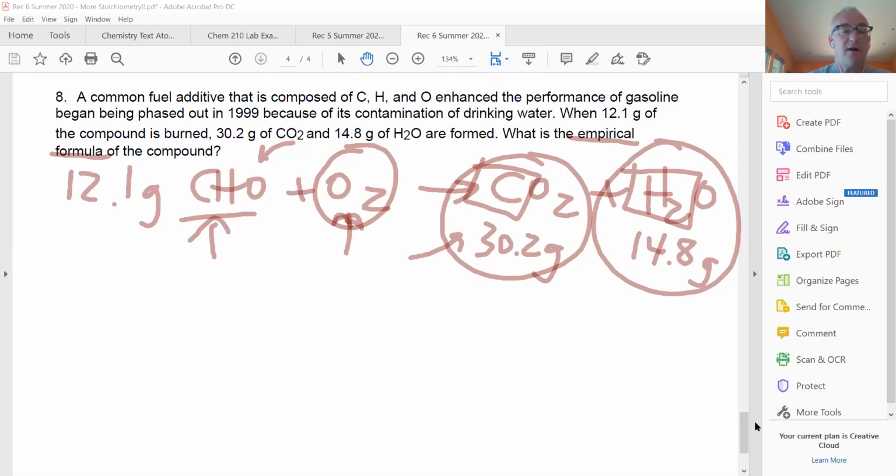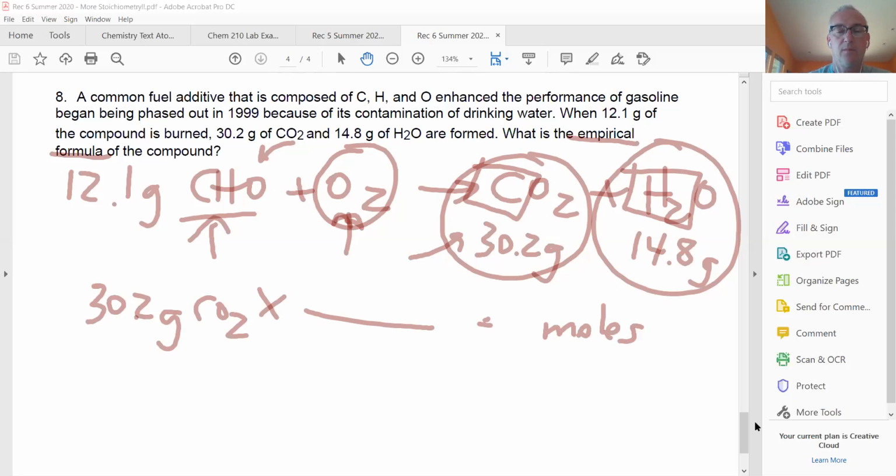So how many moles of carbon do I have? What am I going to multiply that by? Molar mass? Molar mass of what? And where am I going to put it? Oh. Grams on top, moles on the bottom? That's the molar mass.